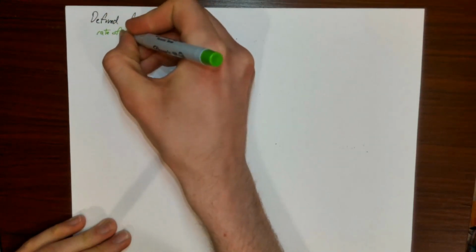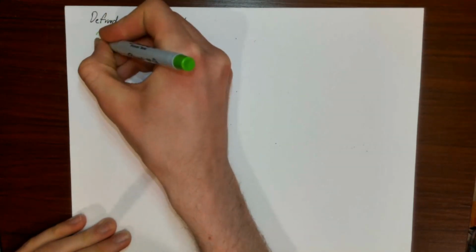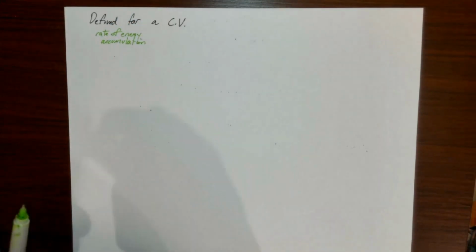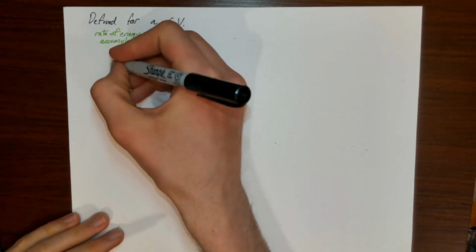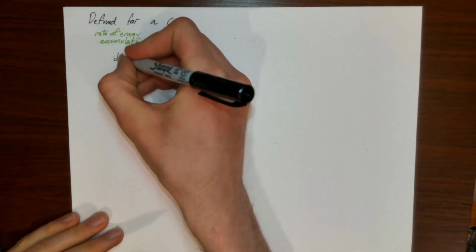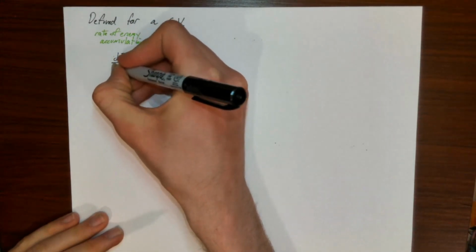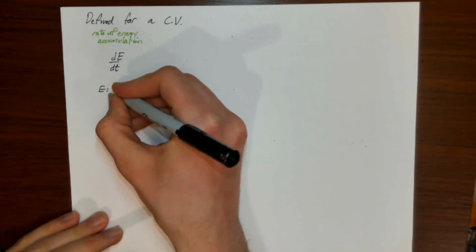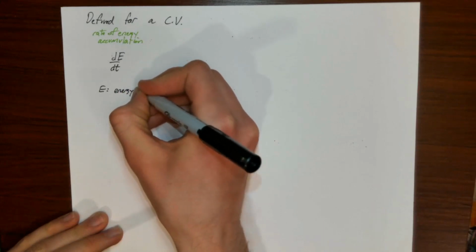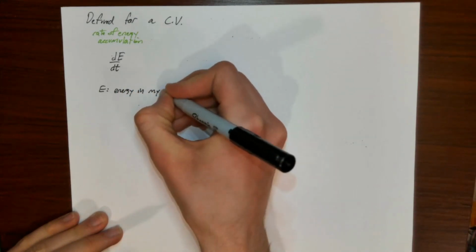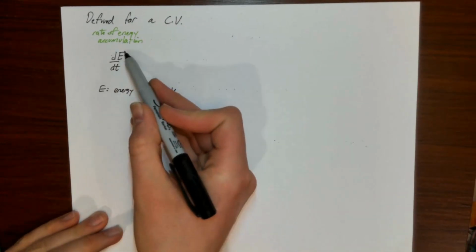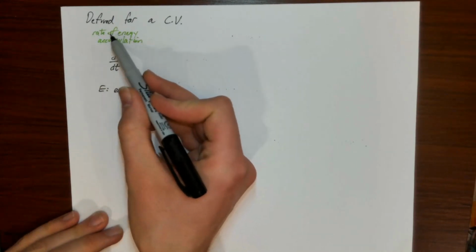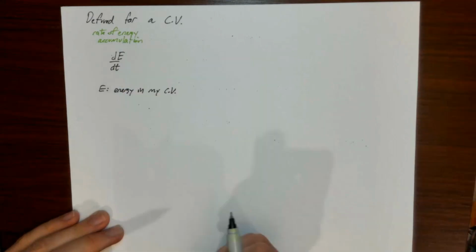My rate of energy accumulation I could put most generally as dE/dt, where E is the energy in my control volume. So the time derivative of the energy in my control volume is the rate of energy accumulation within that control volume.